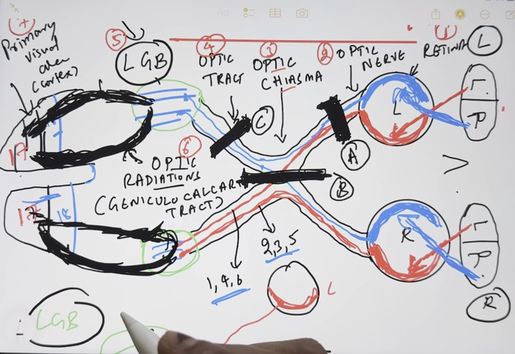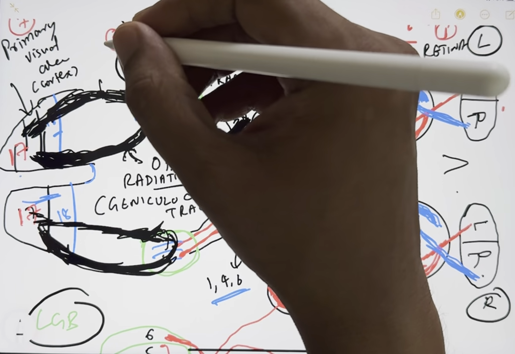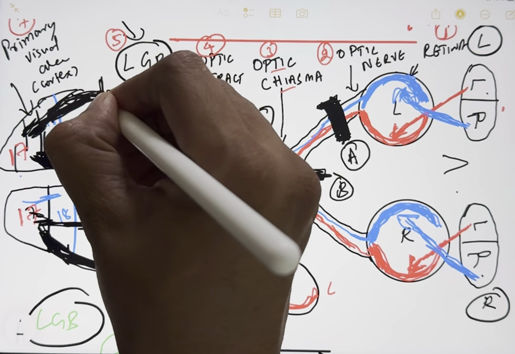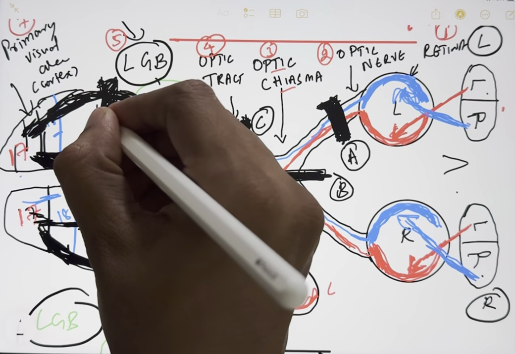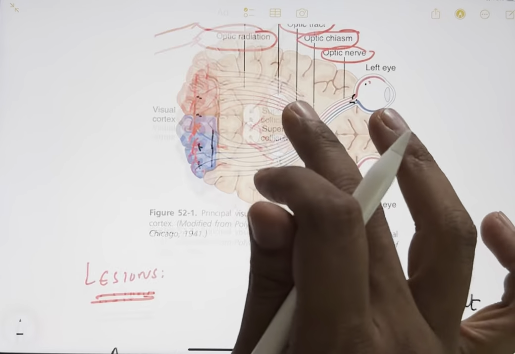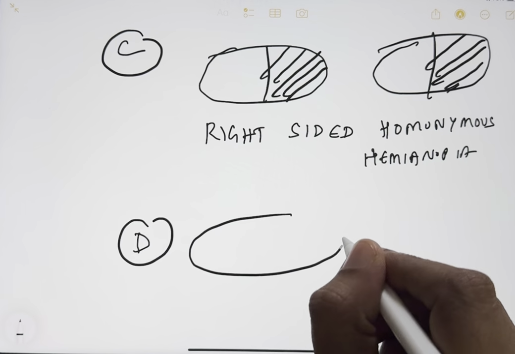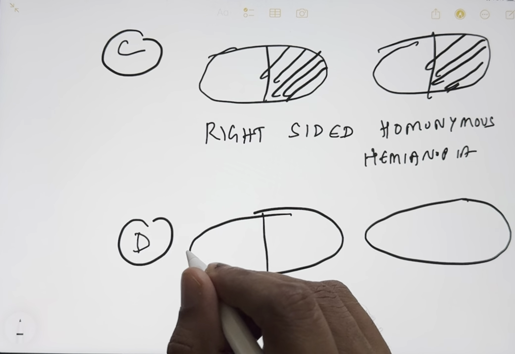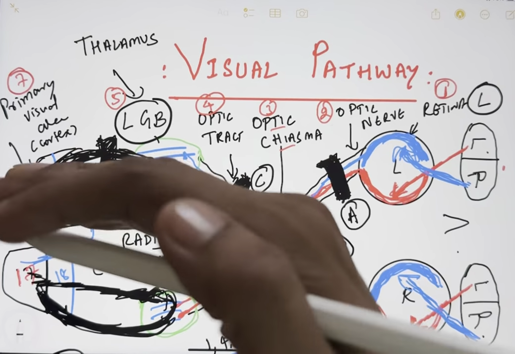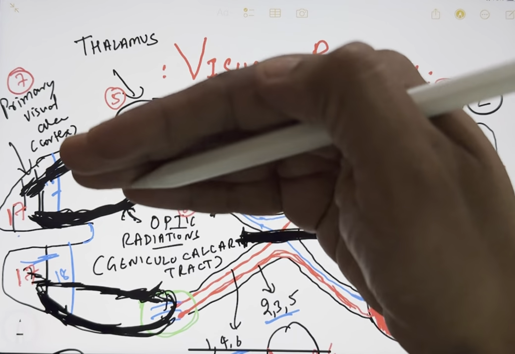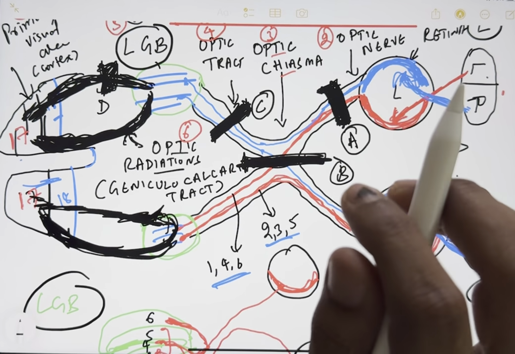Now, similarly, if there is a defect in the superior part of the optic radiation, we will mark it as lesion number D. What will happen to the visual field? We will draw the 4 quadrants. If there is damage on the left side, the right sided visual field will be affected, because it is a crossed sensation.